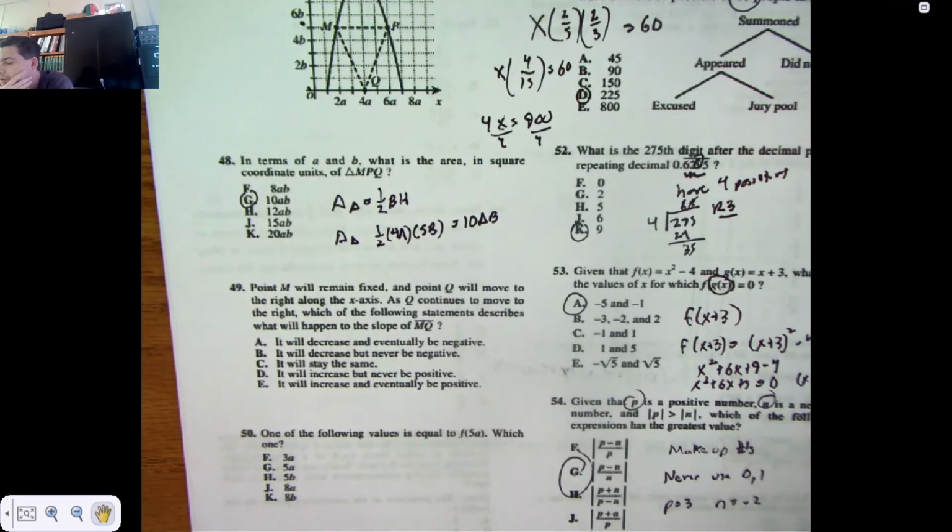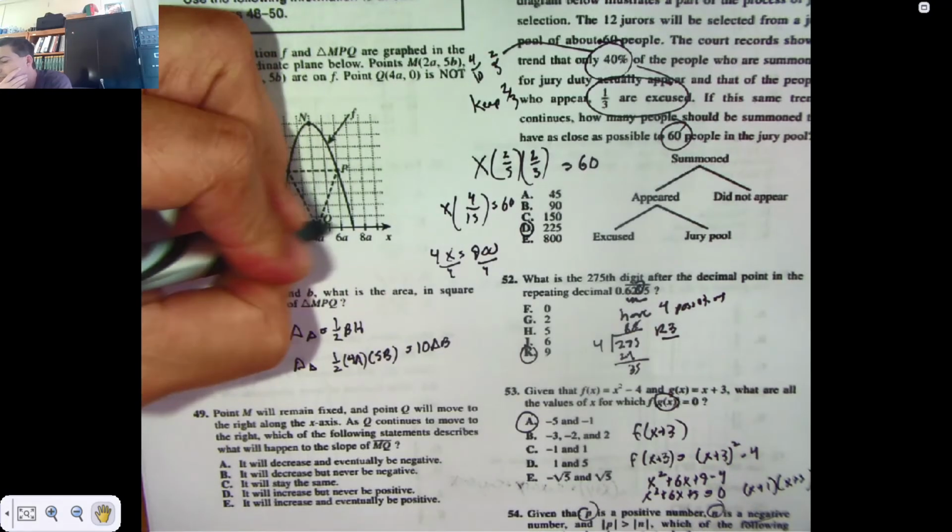Point M will remain fixed, and point Q will move to the right along the x-axis. As Q continues to move to the right, which of the following statements describes what happens to MQ? Well, that's not too bad. It's not bad at all.